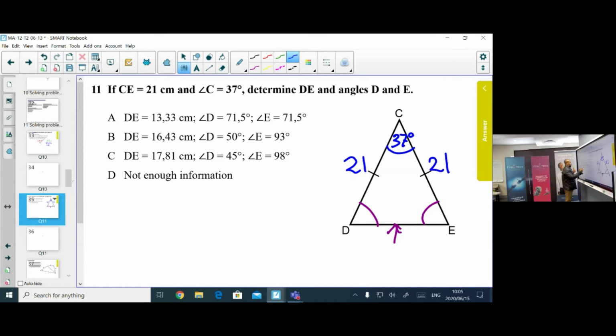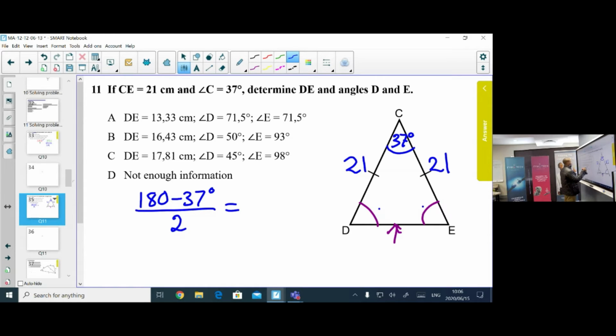So we subtract 180 minus 37, and that would give us these two angles, because that's the remainder from removing the angle C. And then we divide that by 2 since we have equal base angles. Using your calculator, you start by the subtraction, then you divide by 2.